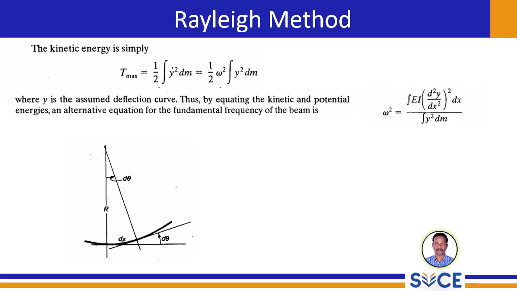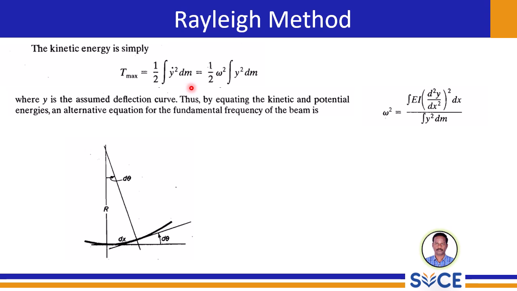The maximum kinetic energy of the beam during vibration occurs when the beam passes through its equilibrium position. It can be expressed as T suffix max, that is maximum kinetic energy is half integration of y dot square dm, which in turn equals half omega square integration of y square dm.